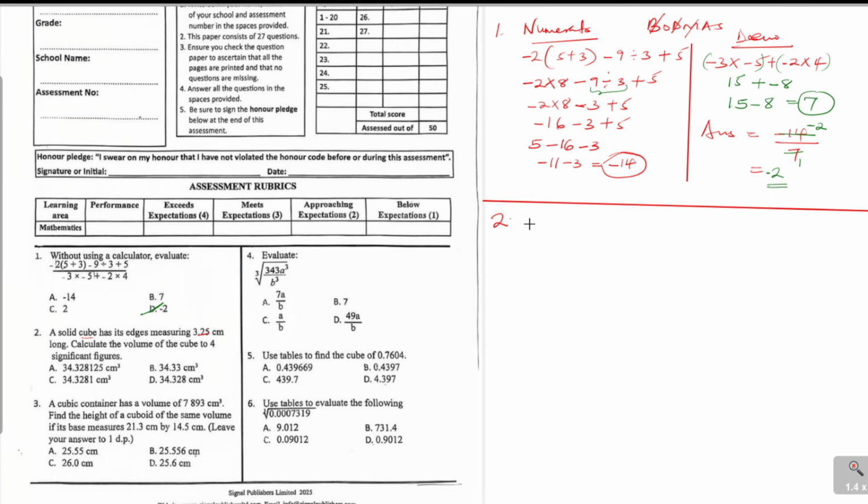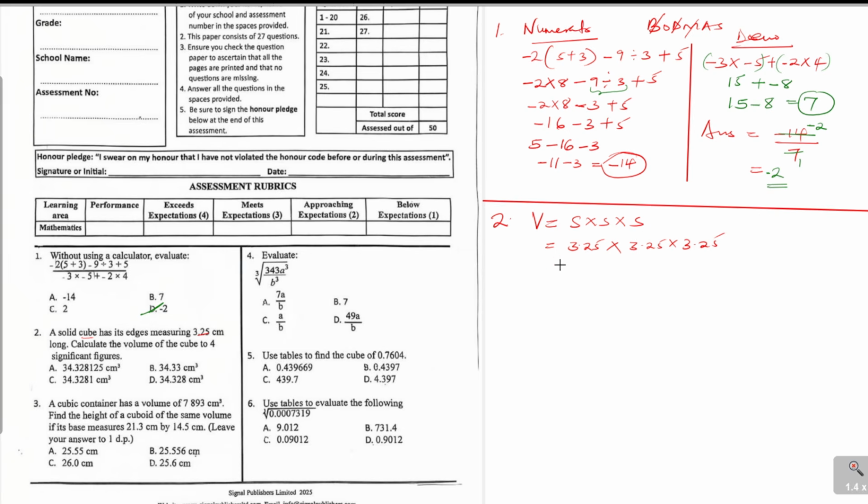How do you get the volume of a cube? The volume of a cube is given by side times side times side, because in a cube all the edges have equal length. So this will give 3.25 multiplied by 3.25 multiplied by 3.25.